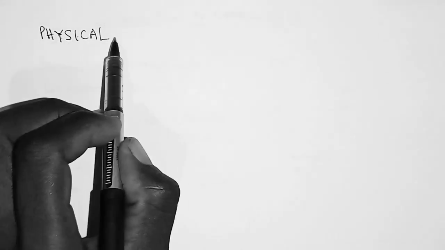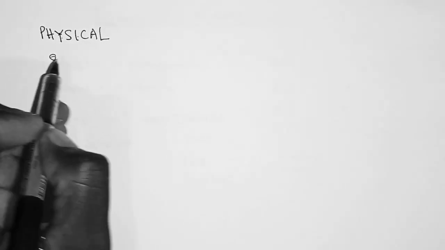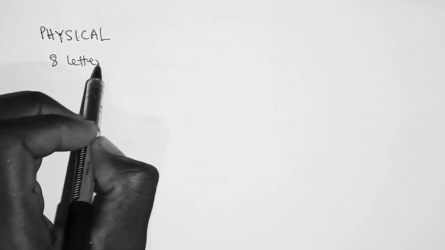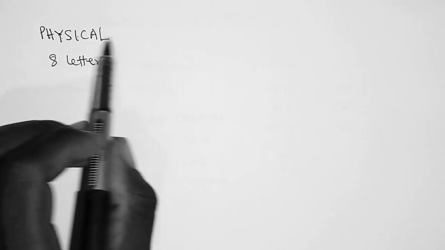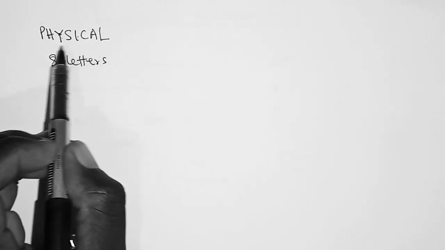In how many ways can we arrange the word PHYSICAL? Now, let's count the number of letters that makes up the word physical, which is 1, 2, 3, 4, 5, 6, 7, 8. So there are 8 letters. Now, let's see if there are any repetitions of the letters.